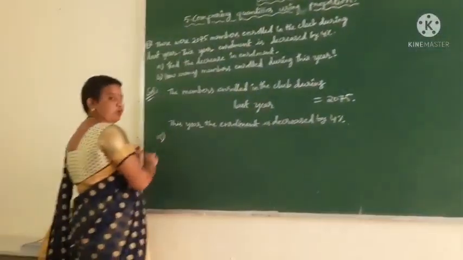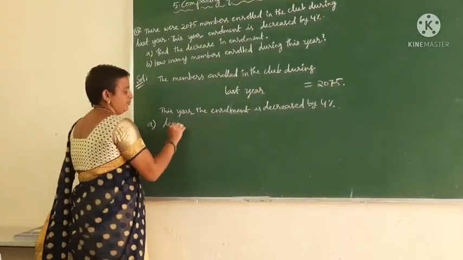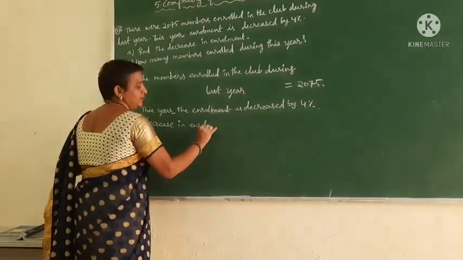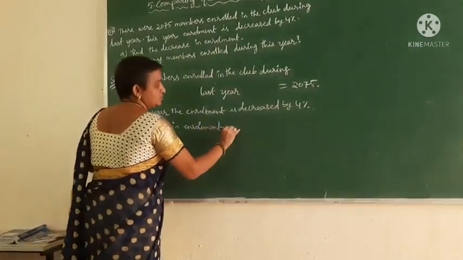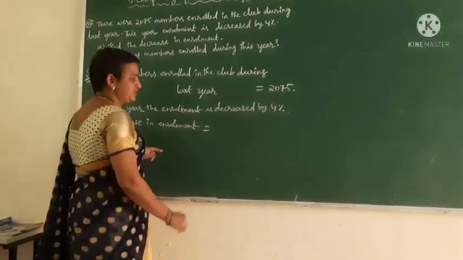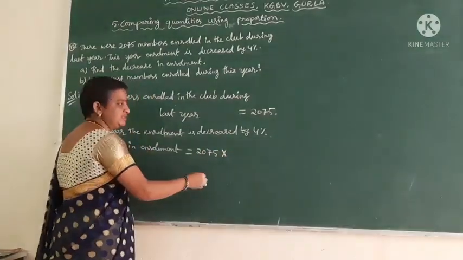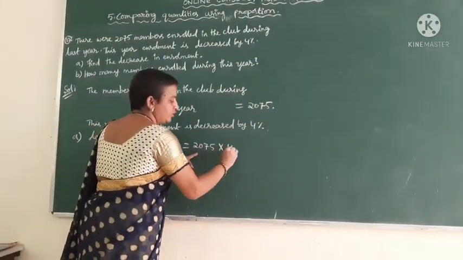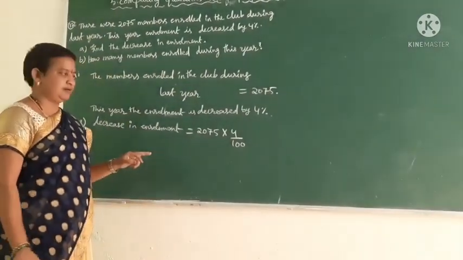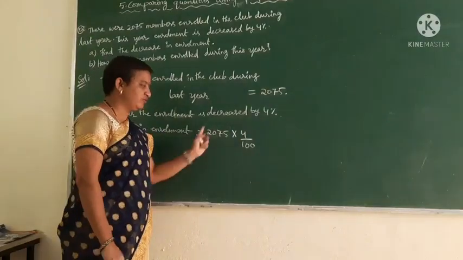First problem, we have to find the decrease in enrollment. Decrease in enrollment is equal to the previous year's enrollment, 2075, into the 4% decrease, which means 4 by 100. 4% means 4 by 100. Now we have to simplify this.